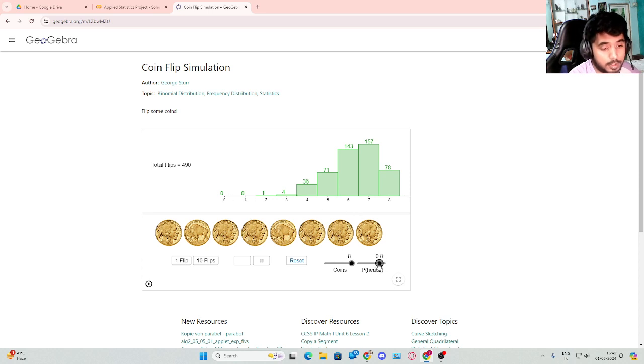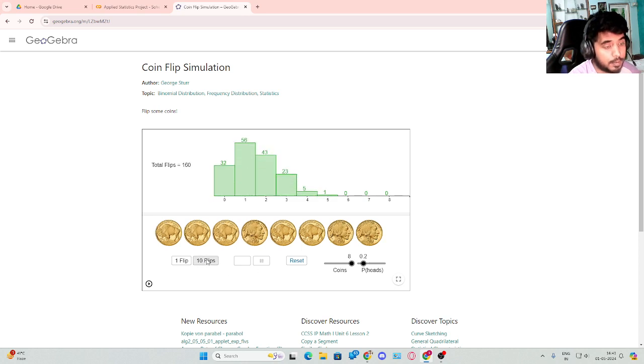So again, if we reduce the probability of getting heads to 0.2, which is the theoretical mean, we do the flips, we see that it is a positively skewed distribution, which means the tail is towards the right, because we have reduced the probability of getting heads in all of these coins.